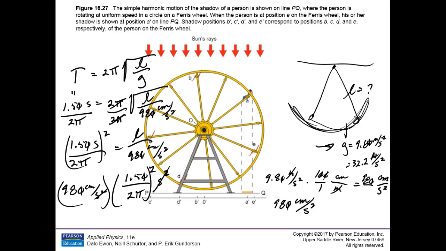So 980 times 1.5 squared divided by 4, and then divide that by pi squared. What do you get?